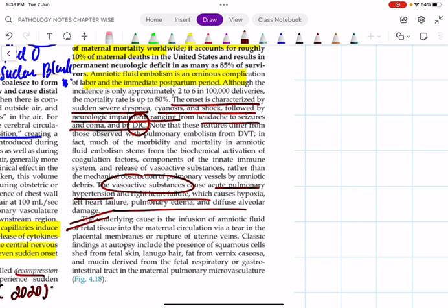Unlike the other embolisms, such as pulmonary embolism or fat embolism, here the pathogenesis is mainly because of the vasoactive substances in amniotic fluid.